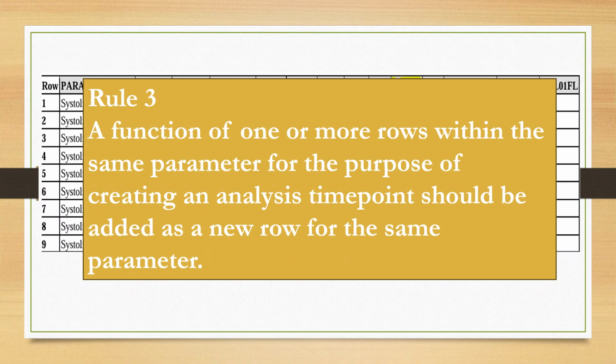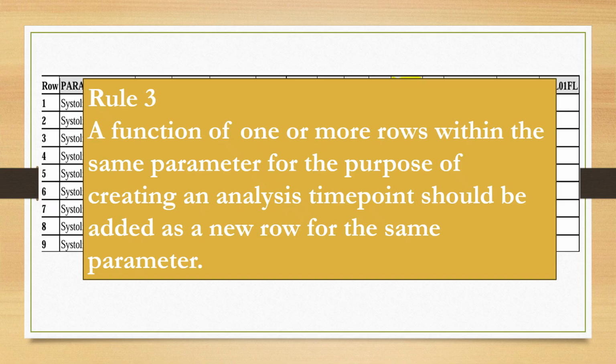If we see from rule 3, we have taken a function of one or more rows within the same parameter for the purpose of creating an analysis time point, and we have created a new row for the same parameter.